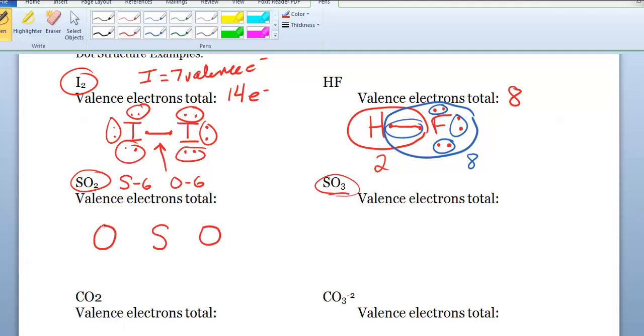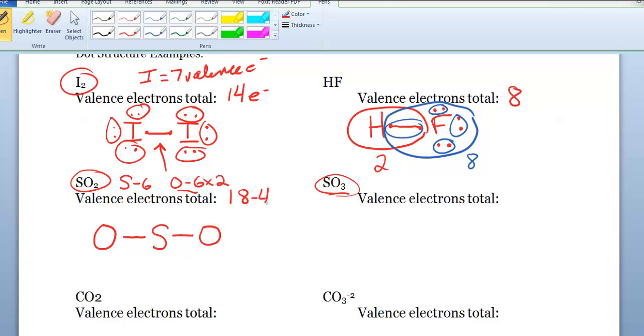Now before I get going, I'm going to count up my total valence electrons. There's 2 oxygens, so that's 12, plus 6 for sulfur. That's a total of 18 electrons. Whenever you're doing Lewis dot structures, you always want to work in pencil because there will be some erasing that's going to occur. Initially, I'm going to draw a bond in between the sulfur and the oxygens.